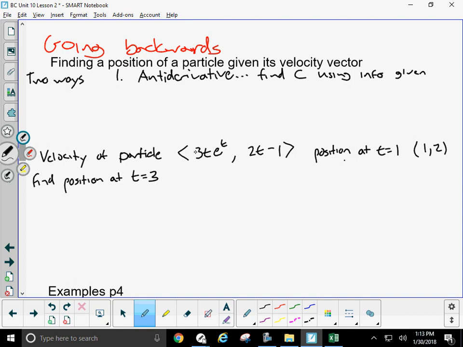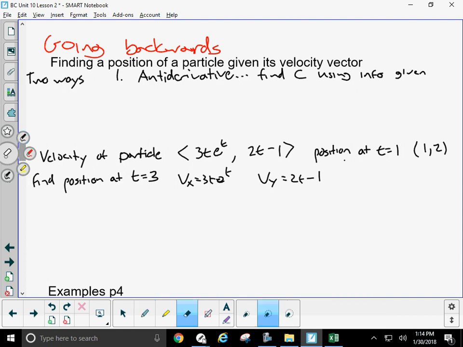All right, so right here, this is a v sub x, and this is 3t e to the t. This is a v sub y, 2t minus 1. If I try to take the antiderivative of 3t e to the t, I'm not sure how to do that one. So let me come back to that. Maybe something in my memory will jog.